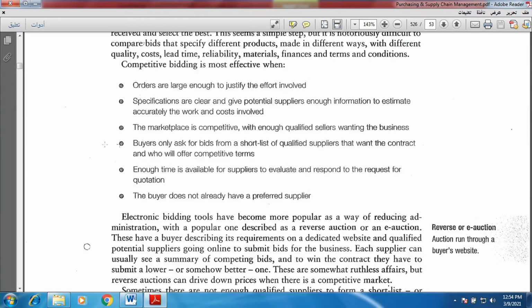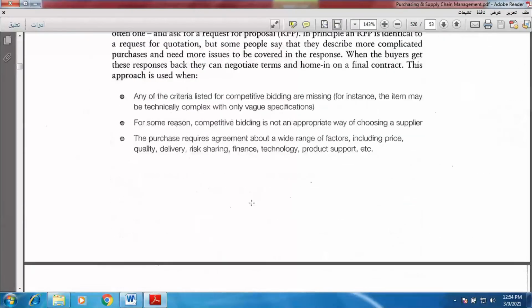It means if there is not enough time, there are no available suppliers, there are no competitive suppliers, or maybe we have a preferred supplier, and one of these items is not available, we go to direct negotiation.